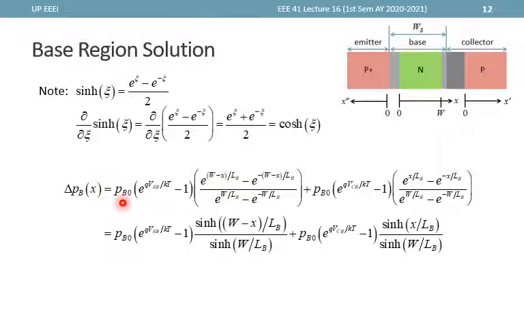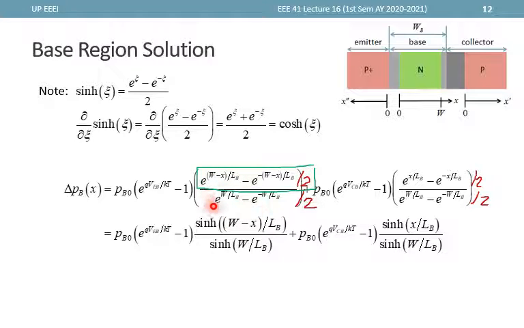But for now, this is the equation we have shown a while ago, and what we can do is divide both numerator and denominator by 2, and then note that the numerator here will now follow the form of the hyperbolic sine, where this psi right here is this whole W minus x over LB.